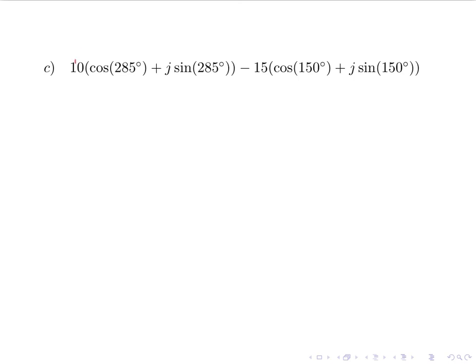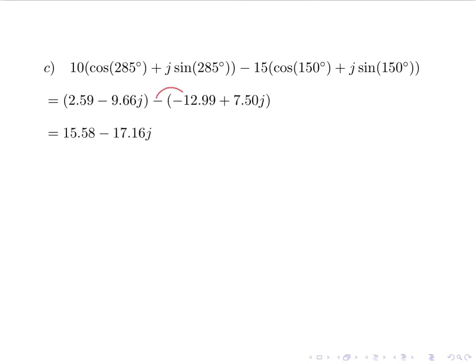Remember that this 10 is outside the parentheses, so it has to be distributed. The same thing with that 15, so don't forget those r's go with the sine as well. If I plug those in, I get 2.59 minus 9.66j minus a negative 12.99 plus 7.50j.